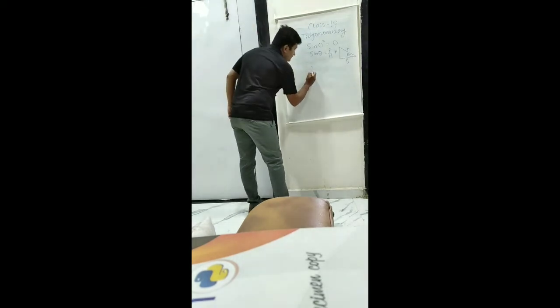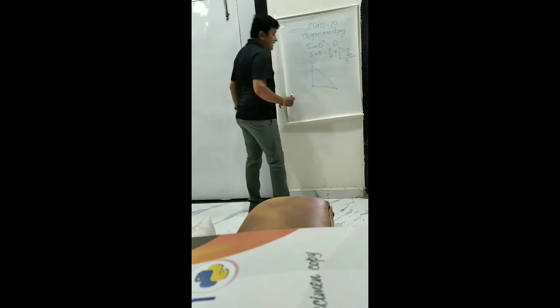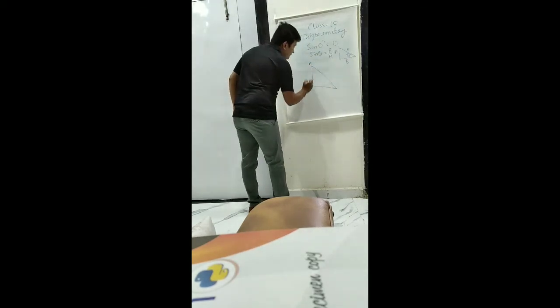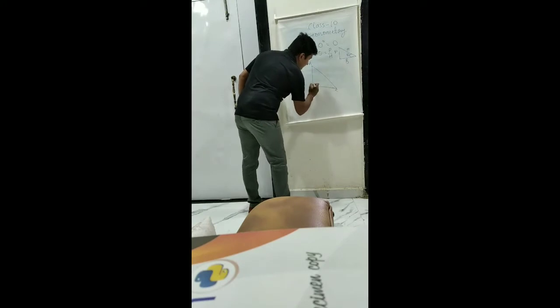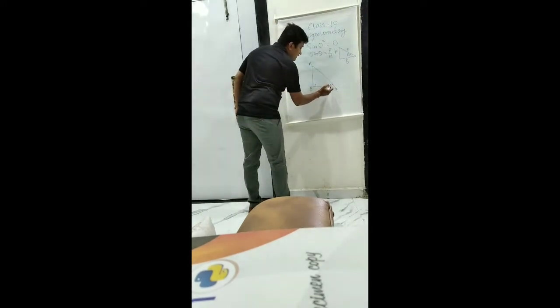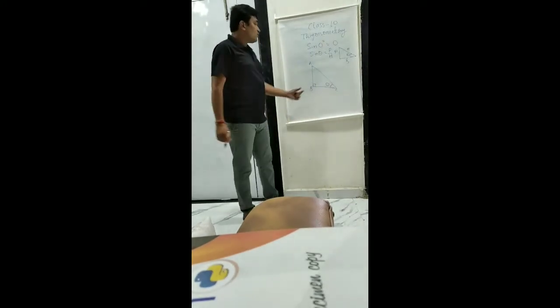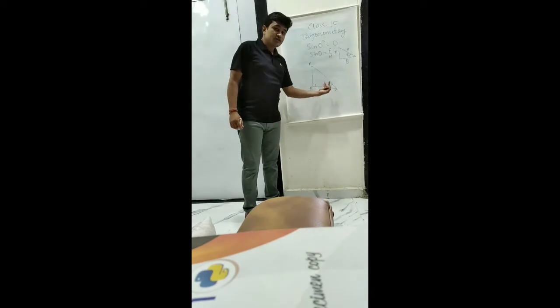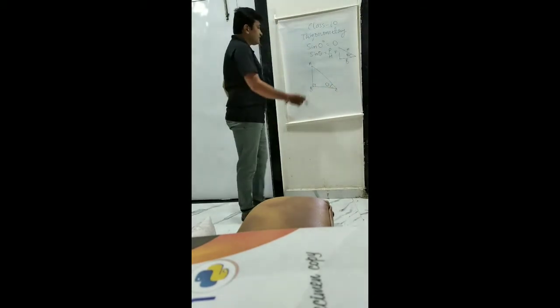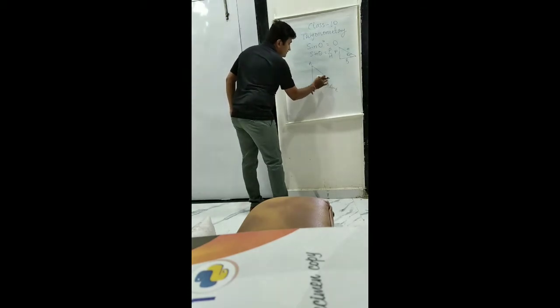For this I am considering one right angle triangle ABC, in which angle B is equal to 90 degree. And this angle I am considering as theta equals 0. Now whenever this angle is 0, the hypotenuse will lie on the base only.